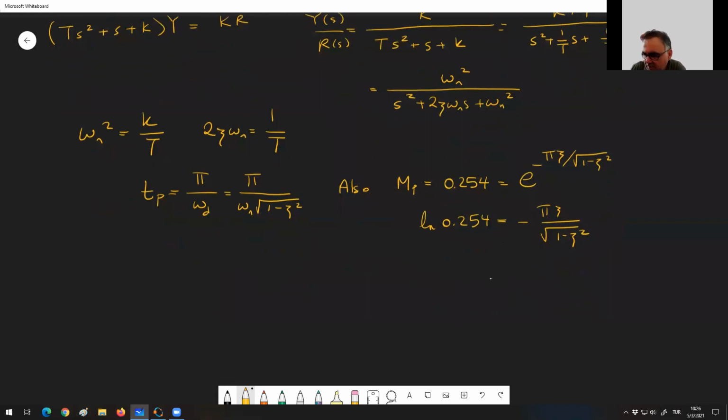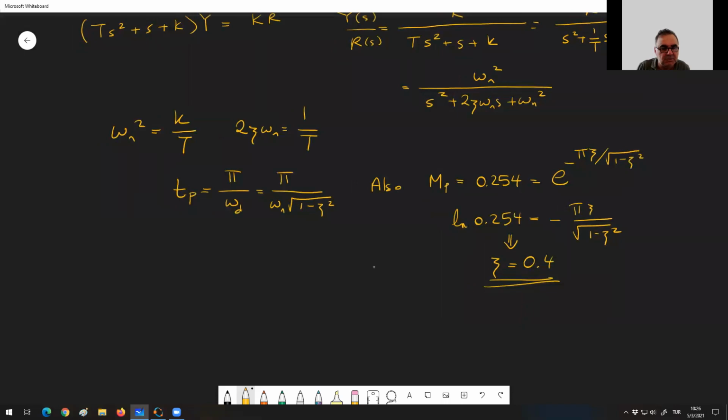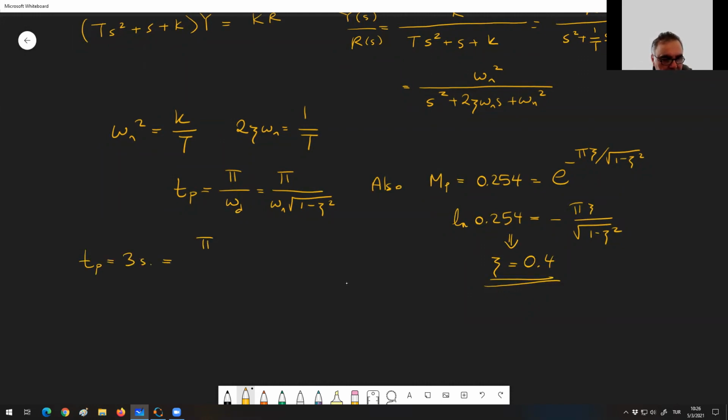And from here you get that the damping ratio is going to be 0.4. So damping, we have found it. Tp equal to 3 seconds is equal to pi over omega n root 1 minus 0.4 squared, from which you can solve for omega n.